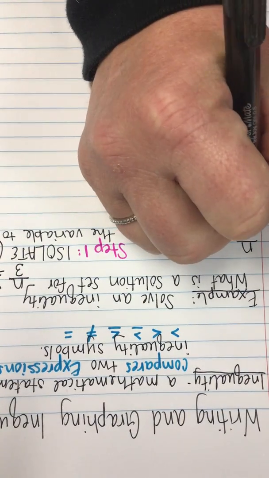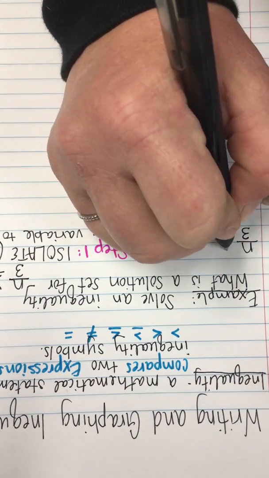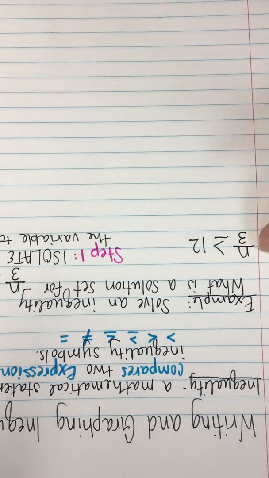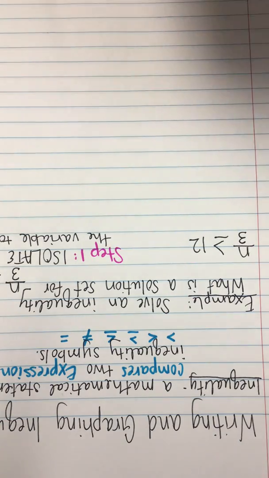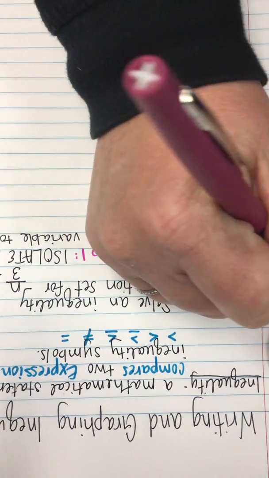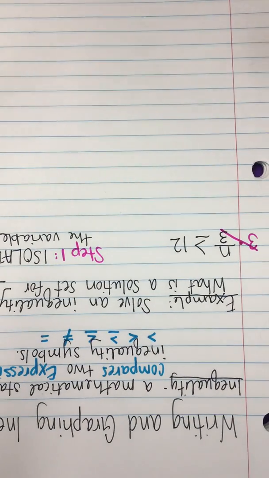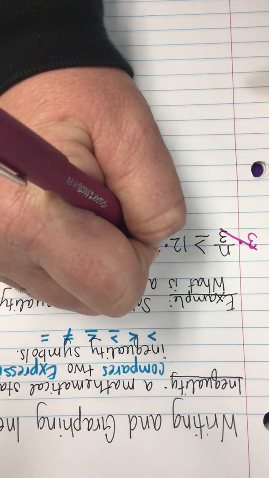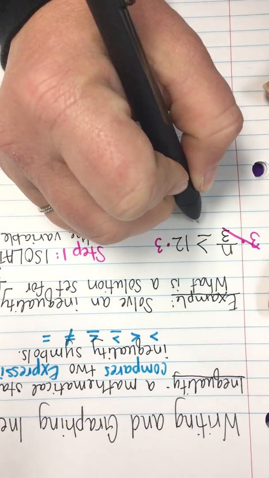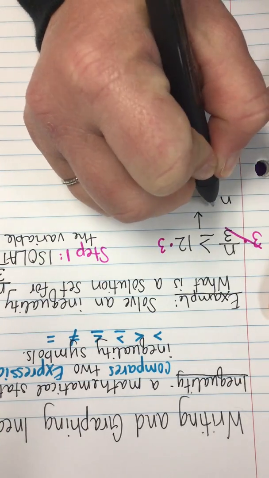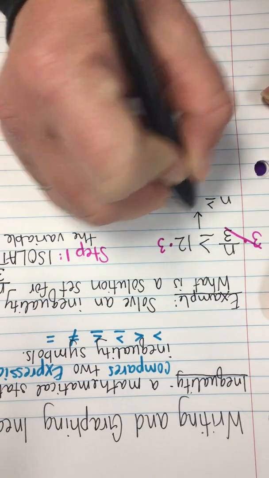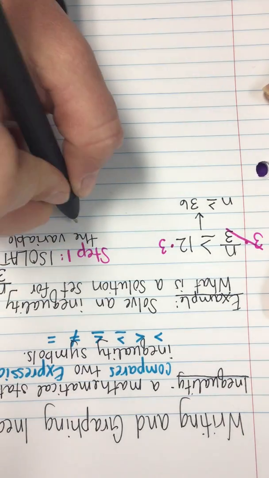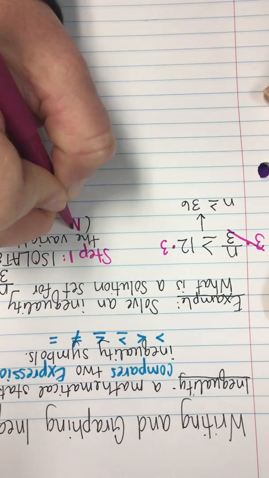If our inequality is n divided by 3 is greater than or equal to 12, the opposite of division is multiplication. So we multiply by 3, and that cancels. If we multiply on this side, we have to multiply on this side. So this becomes n is greater than or equal to 36, because 12 times 3 is 36. Remember, what we just did is called the inverse operation.